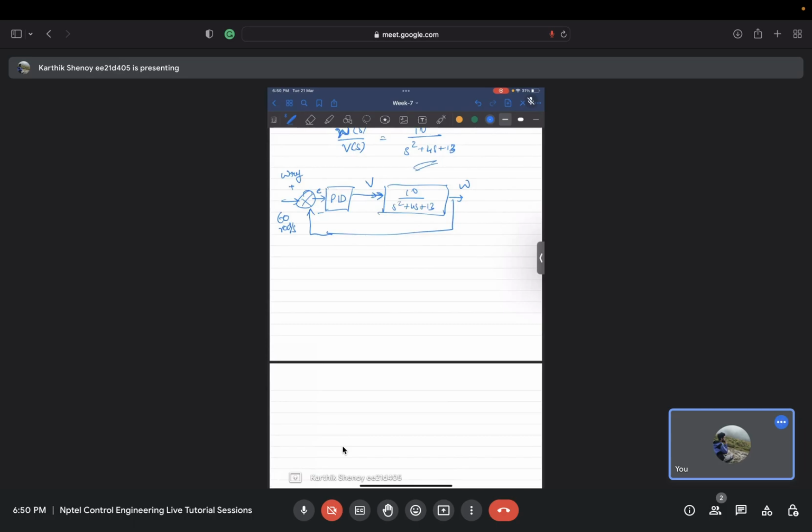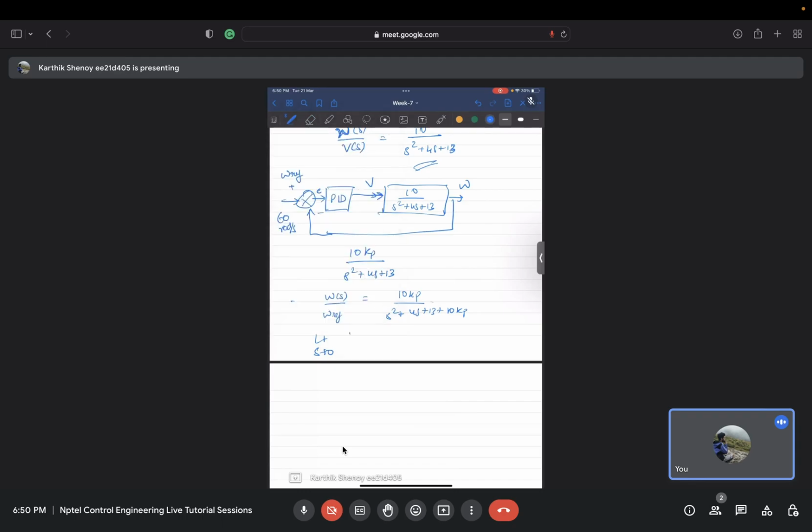So what will my transfer function look like? 10 kp by s square plus 4s plus 13. This is a second order system, right? So what will I get? Omega of s by omega reference will be equal to 10 kp divided by s square plus 4s plus 13 plus 10 kp.